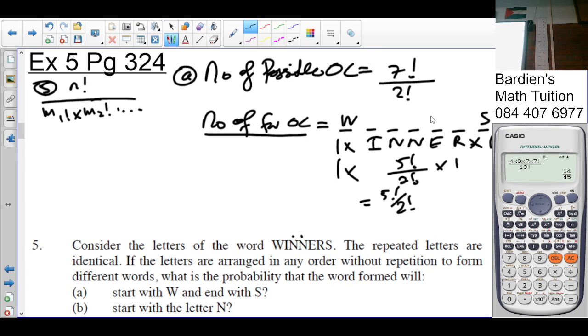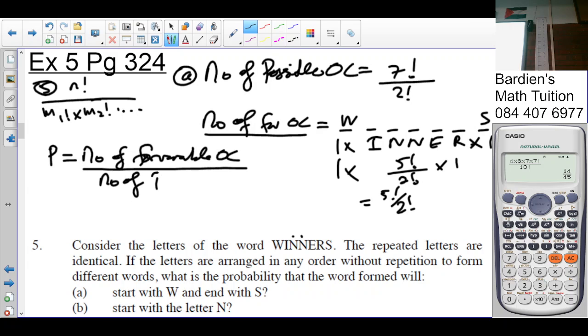So when we work out the probability, how do we calculate probability? Favorable outcomes over number of possible outcomes. So the number of favorable outcomes is 5 factorial over 2 factorial, which must be divided by 7 factorial over 2 factorial.